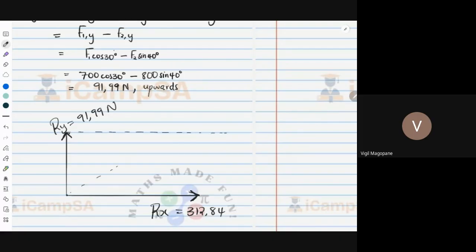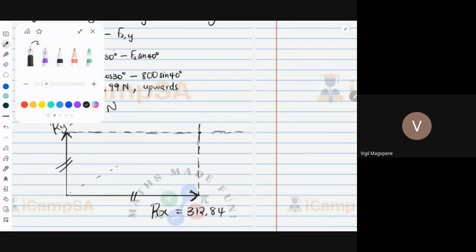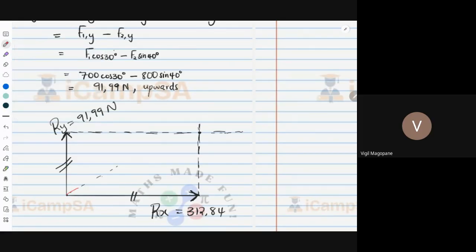I was going to let you guys answer, but due to limited time, we draw these parallel lines. The first parallel line is parallel to this guy. The second parallel line is parallel to this guy. Where they meet is where the resultant vector's head will be located. So let me show you what that means. Let me make a red color. It means my resultant will move from here all the way there, and it will be like this.